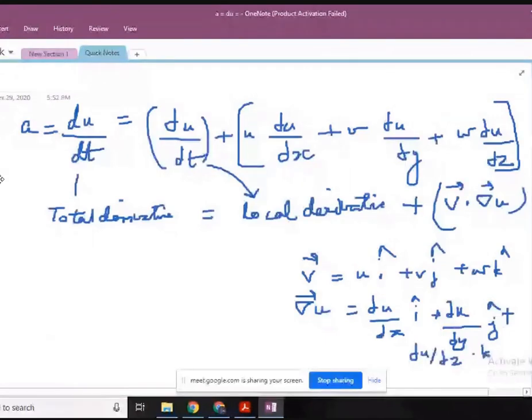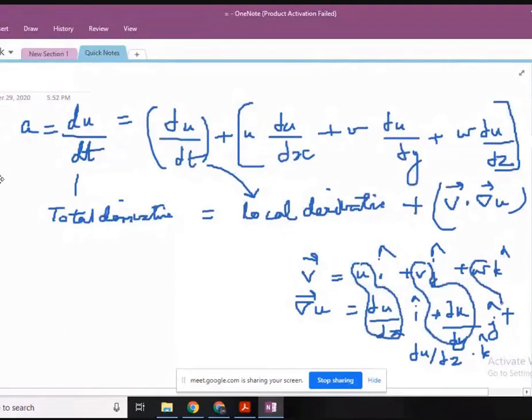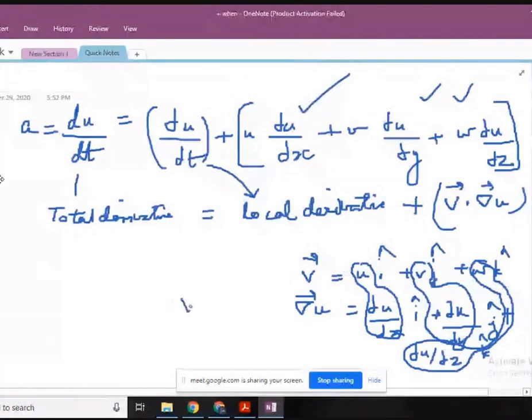These terms would be multiplied together because they are on the respective unit vectors, which are the same. When you take the dot product, it gives all the components. So you can write V dot grad u as this part in the bracket, and this part is called the convective derivative.